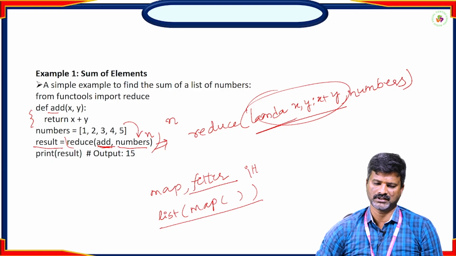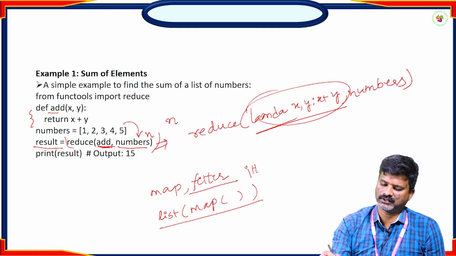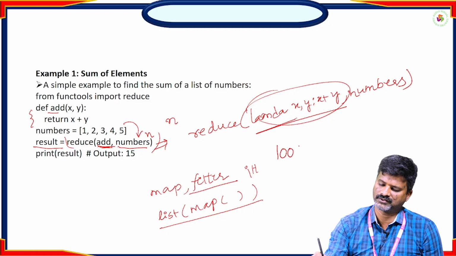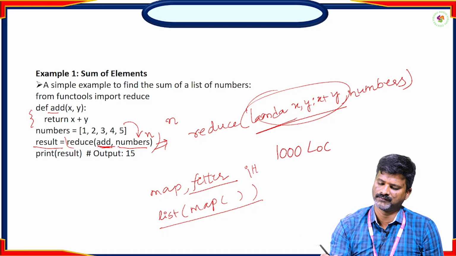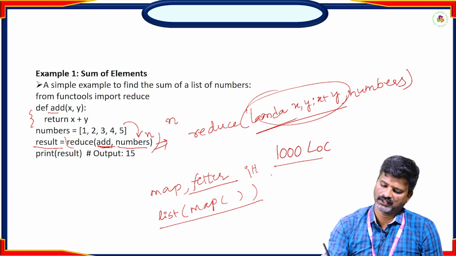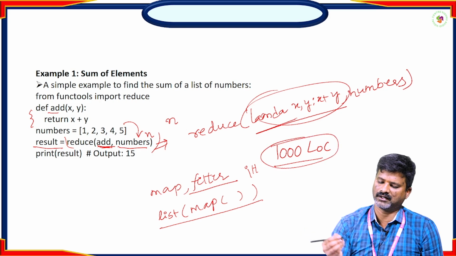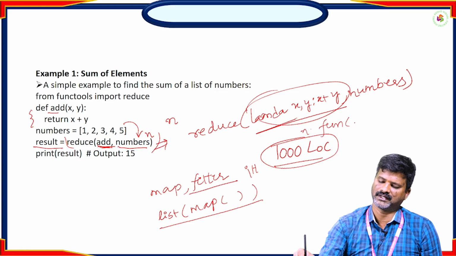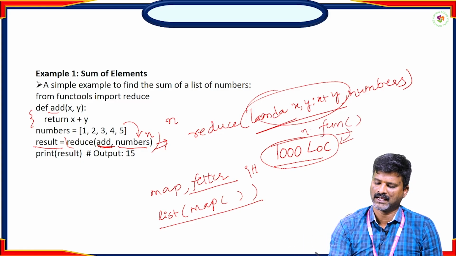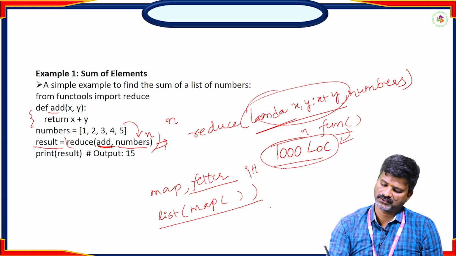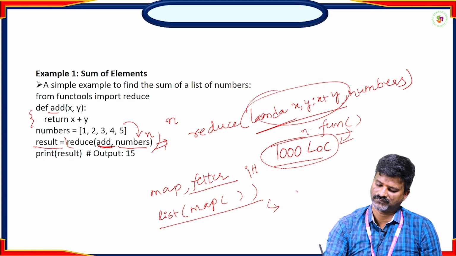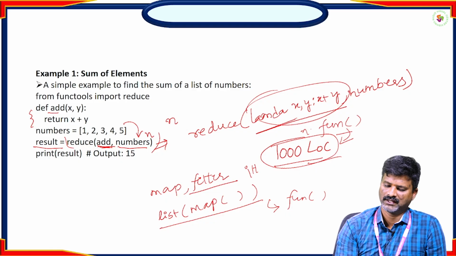Suppose you are writing a function with 1,000 lines of code, and you are giving some name for these 1,000 lines, something like fun. If I want to use the same logic, then simply you can call this fun. That's it. No need to write 1,000 lines of code.